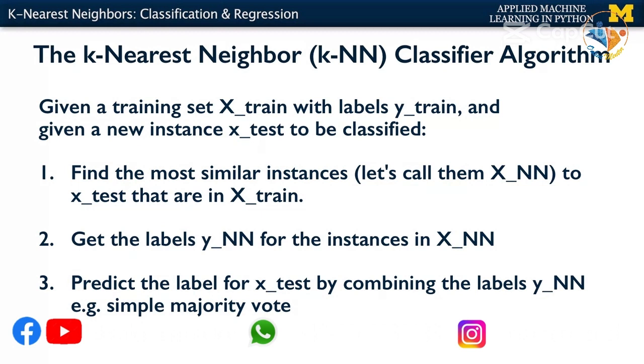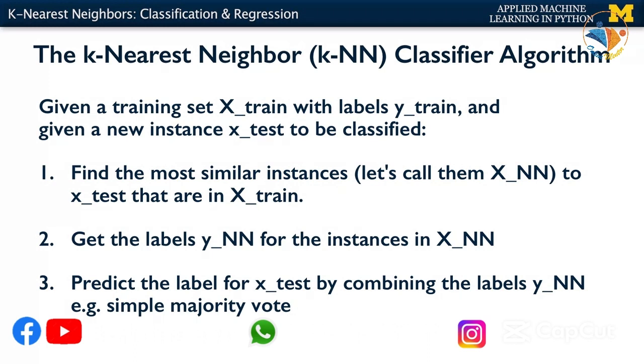First, it finds the k-nearest most similar instances to the new instance in the training set. Then it gets the labels of those training instances, and then it predicts the label of the new instance as a function of the nearby training labels, typically by a simple majority vote.